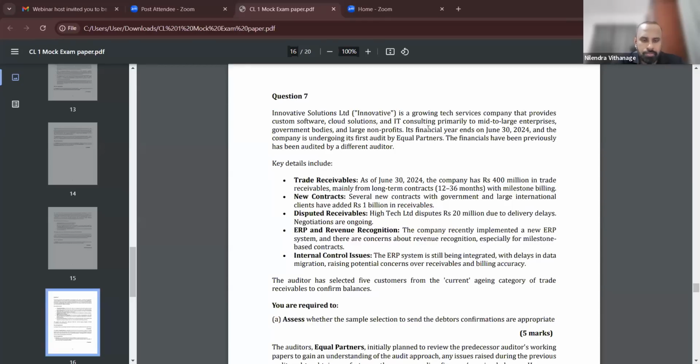What do you think? Not adequate. So what should a proper sample be?